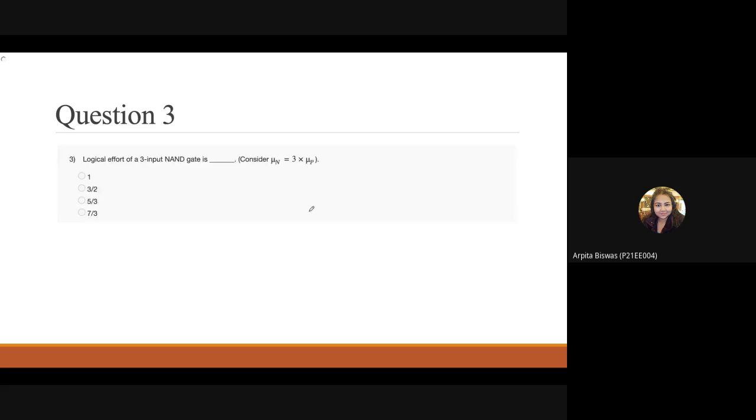Good. So this is question number three. Logical effort of a three input NAND gate, consider mu n equal to thrice of mu p. So calculate the logical effort. You have to find out the value of G. Tell me the equation, how to find out for a three input NAND gate.